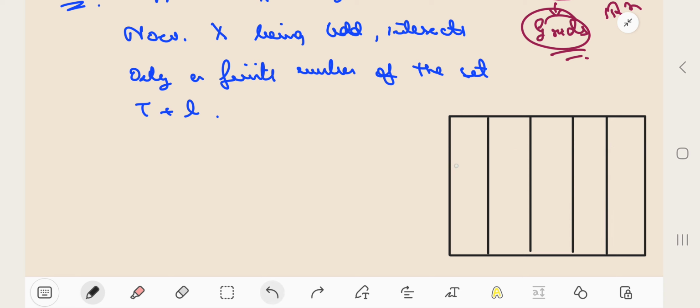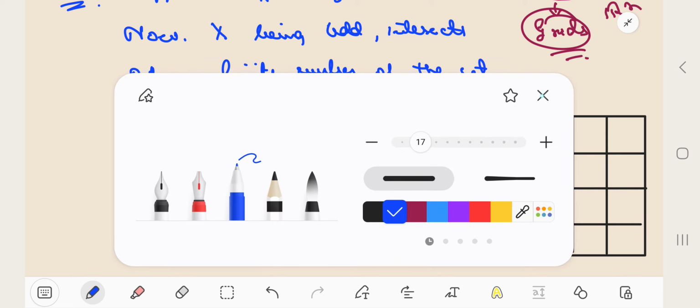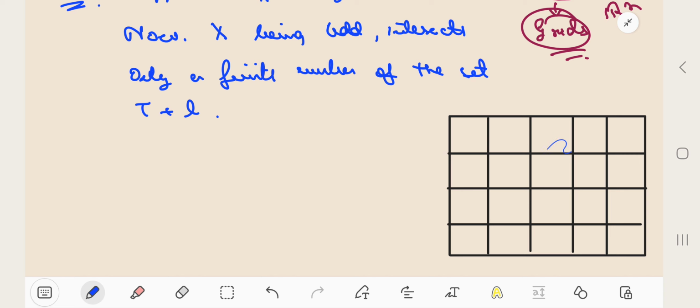I'm sorry if I am taking a bit of time to form these grids, but it's for your benefit, and mine as well. I'm choosing X to be inside some bounded set. So X might typically look like this.